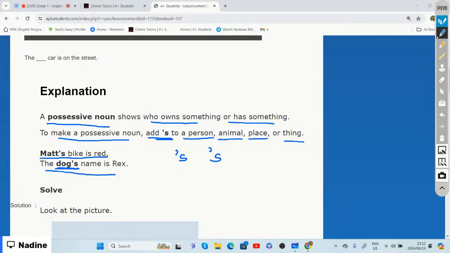Think of something that you own or something that you have, and then make a sentence of that, but use your name, for example, and then say your name and what you own.